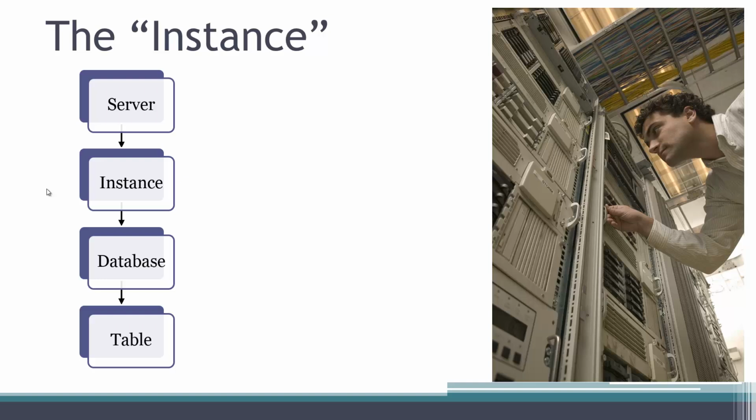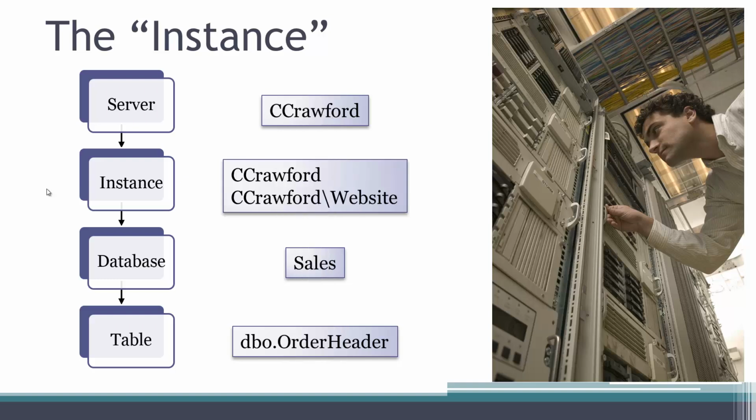Now, each instance of SQL Server that you install has its own name, and you connect to it by using that name. Let's look at some examples here. Let's assume that I have a server, and the name of the server is C Crawford. On that server, I install two copies of SQL Server. One I give the name of website, and the other one I don't give a name.